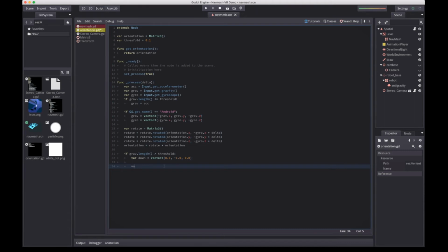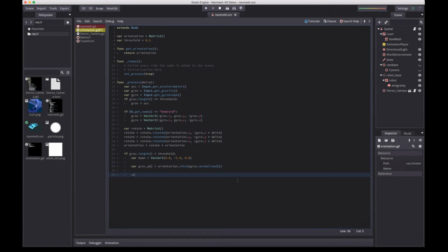And the second thing we do is we take our gravity vector, and we rotate that by our orientation. And we need to make sure that we take the normalized vector, because it's very important for the next bit that both these two vectors are unit length.